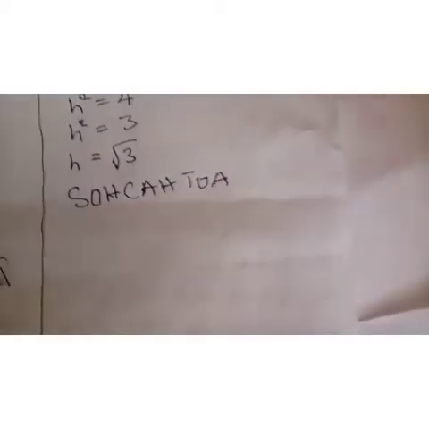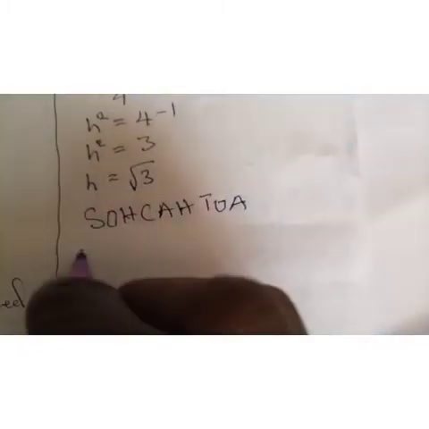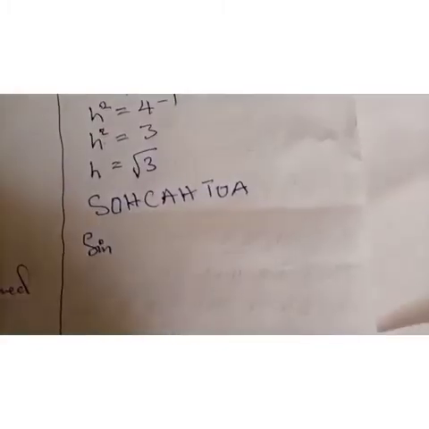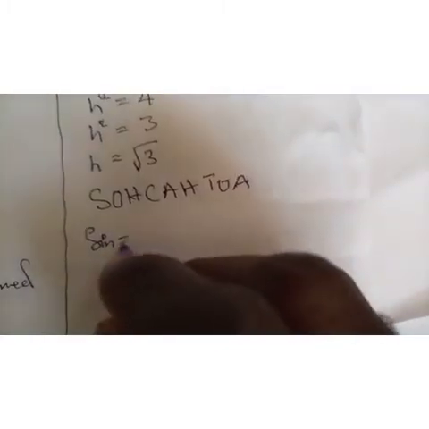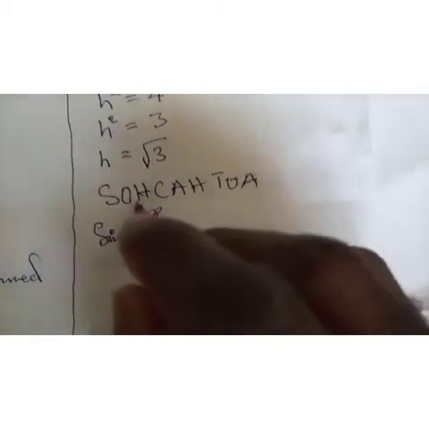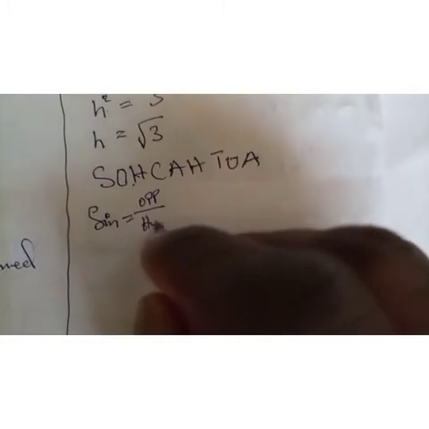The S here is for sine, the O here is opposite, and the H under this is the hypotenuse.